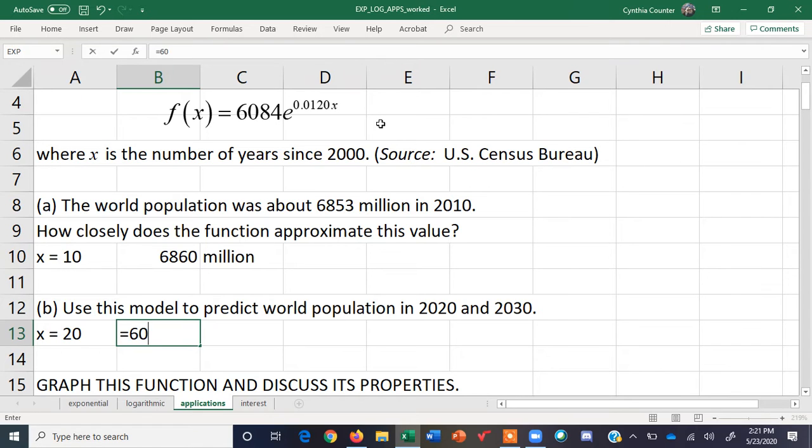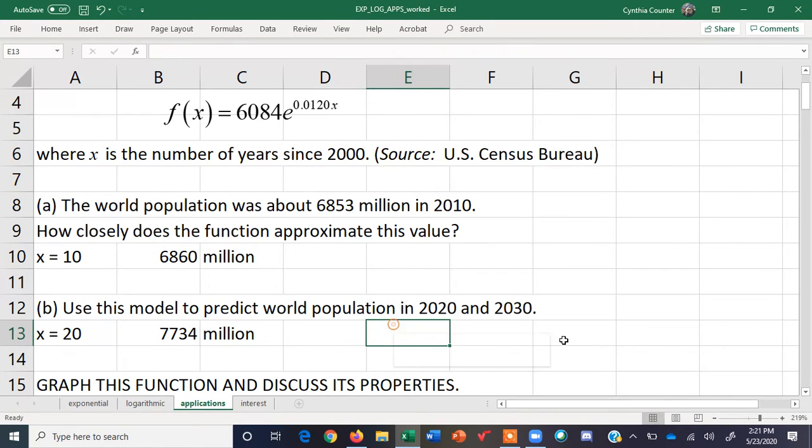So 6084 times exponential, which is e to the power of 0.0120 times 20 this time. And we get 7,734 million.